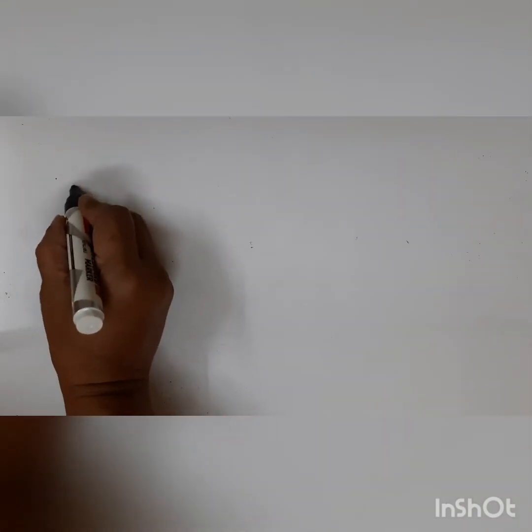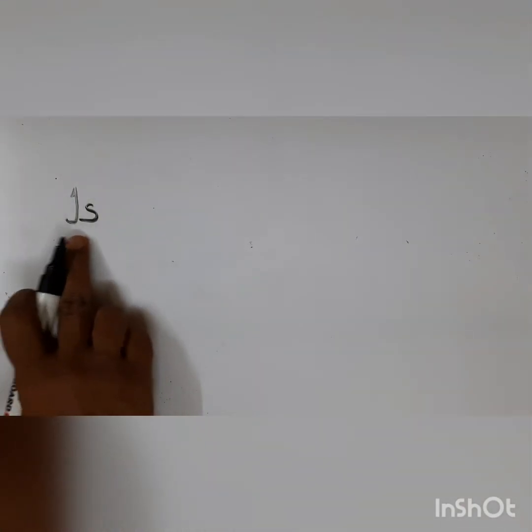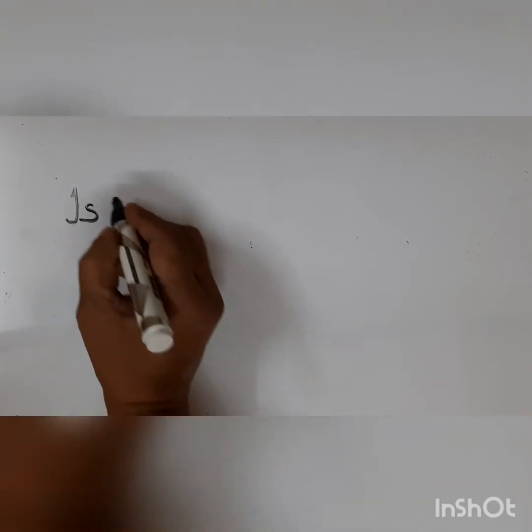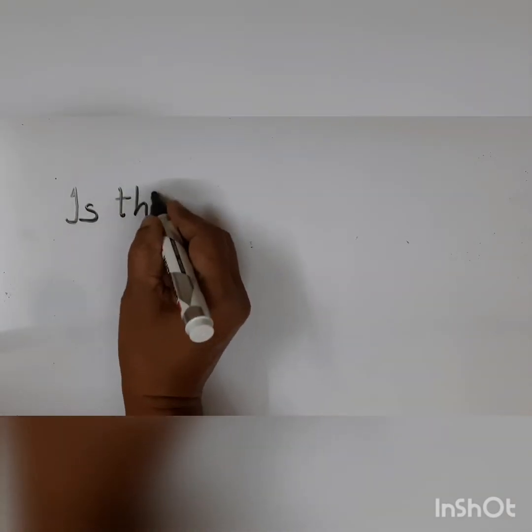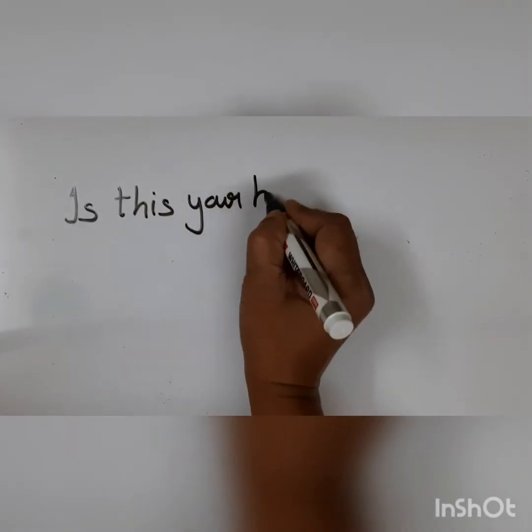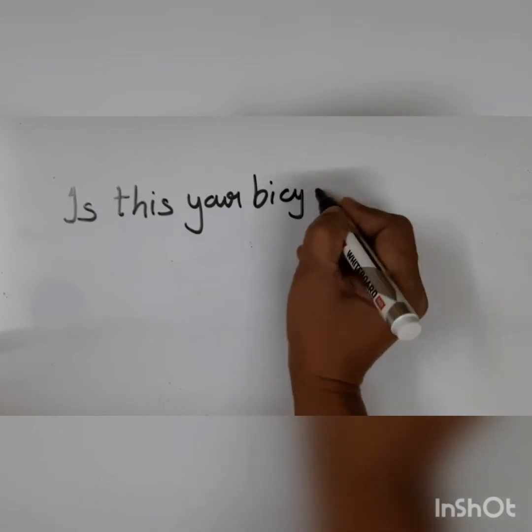Well, children, what if the spoken words are a question? If the spoken words are a question, what will you do? Let's take this. I told you, not all question sentences start with WH words. You see here: Is this your bicycle?